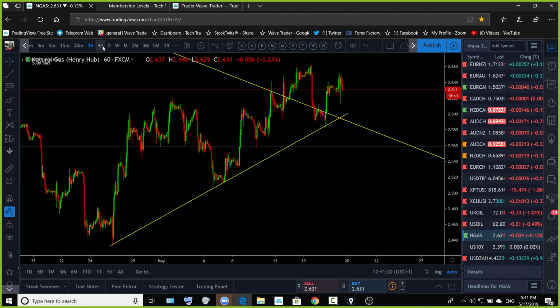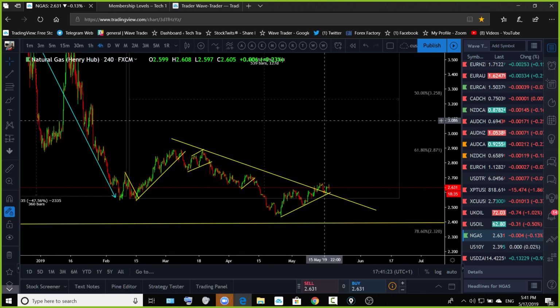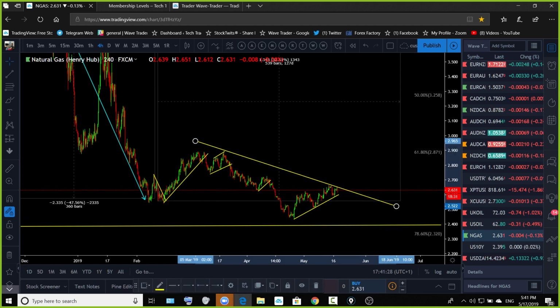Okay, so natural gas still slowly pushing up, but not ideal to go for long at the current prices. We are expecting one more drop to happen and form a new low or test the previous low and reverse the trend.